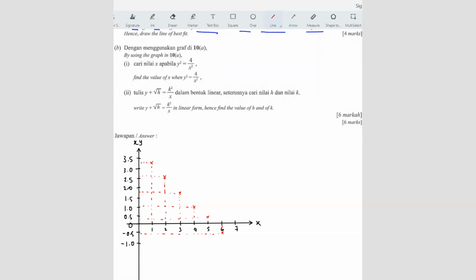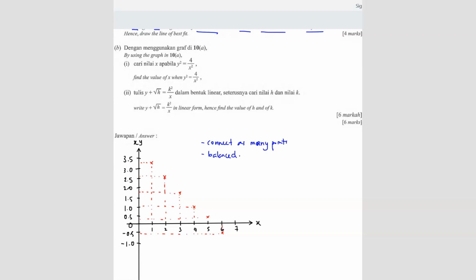So how do you draw the line of best fit? Make sure it fulfills two conditions. First, it has to connect as many points as possible, and the second condition is it has to be balanced on both sides.